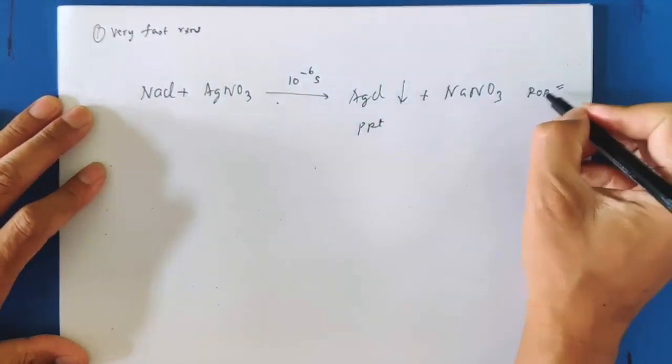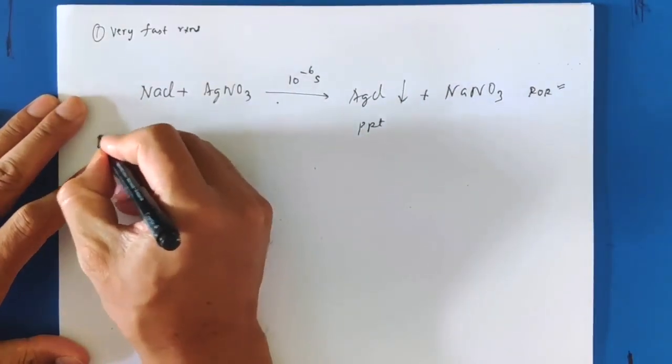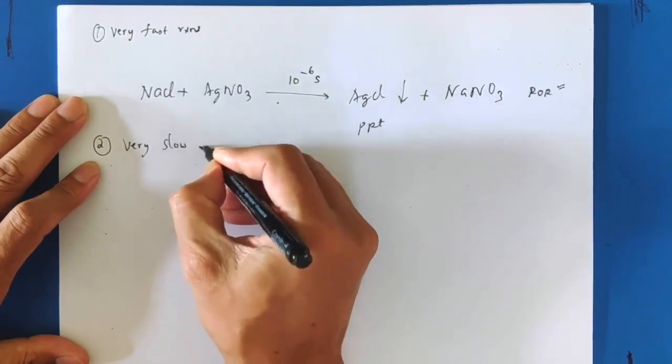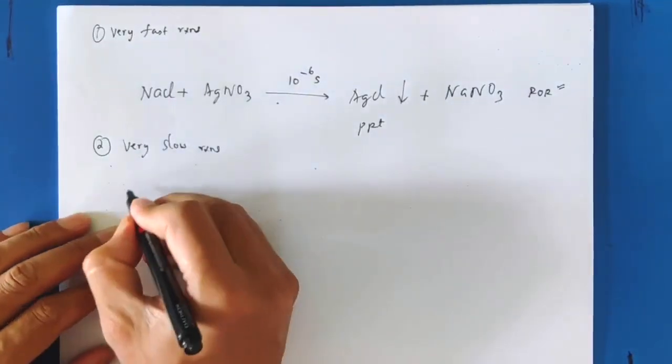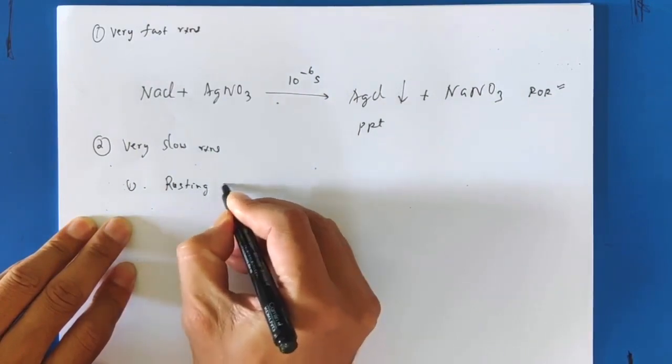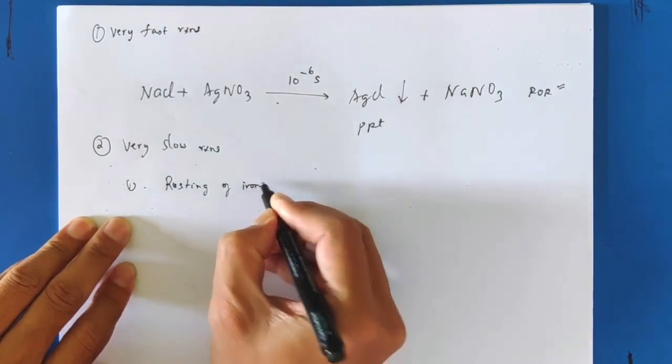Then there are very slow reactions, for example the rusting of iron.